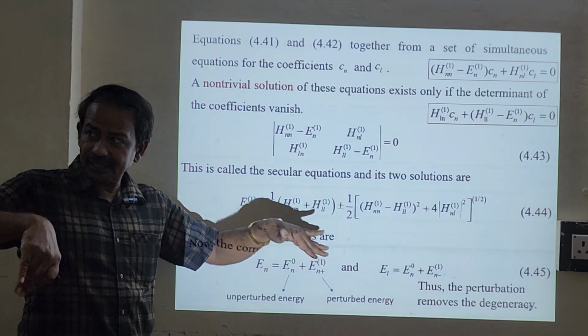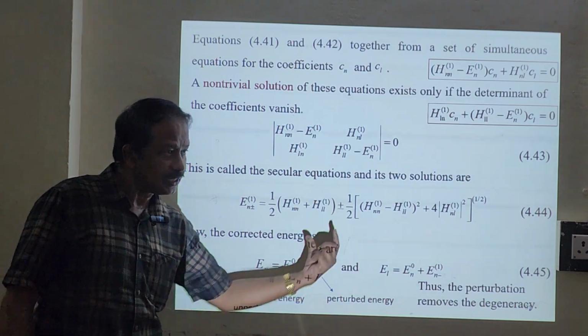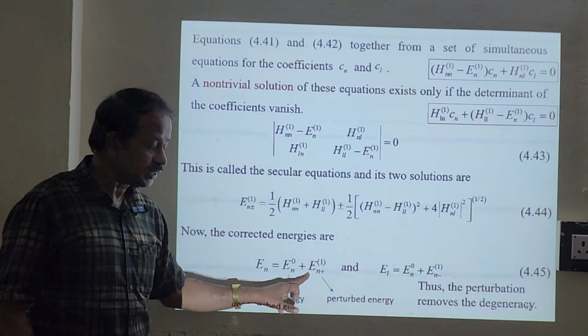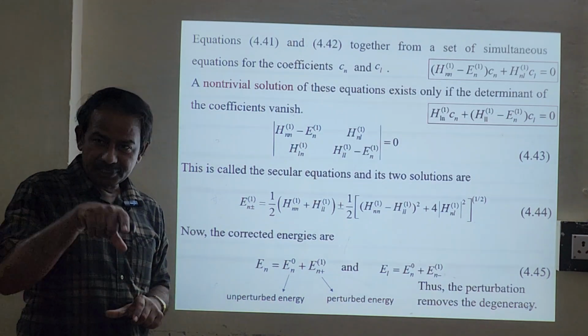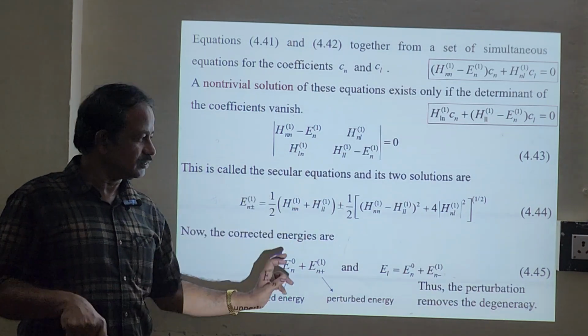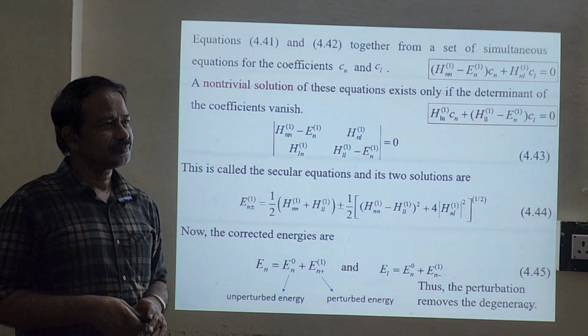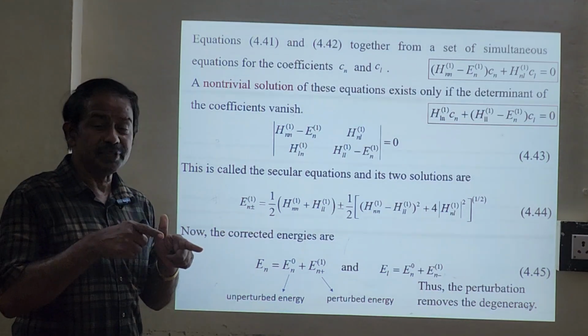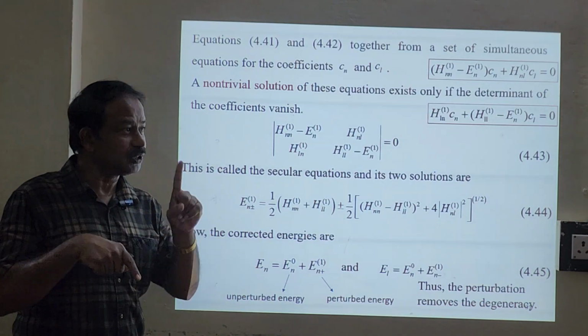So we have separated the energy. This will have one energy and that will have another energy: this energy for En, that energy for El. For a particular wave function, we will have one energy. Thus the perturbation removes the degeneracy. Earlier we said a linear combination of N and L. We used two wave functions, psi N and psi L, that is Cn and Cl, but we obtained only one energy.